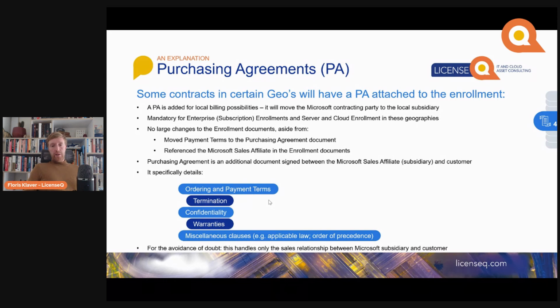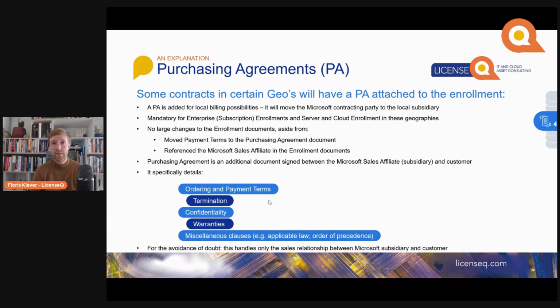Now, something that's quite new over the past years is the switch to purchasing agreements. Not all geographies have these as of yet. They might still come, but I won't go over this in too much detail. If you're in a geography where purchasing agreements are available, this basically means Microsoft is billing directly from that subsidiary.